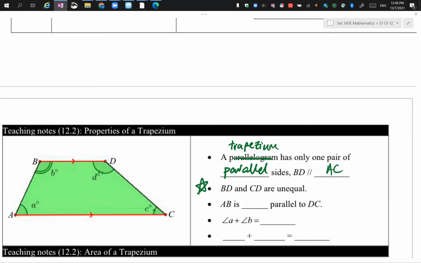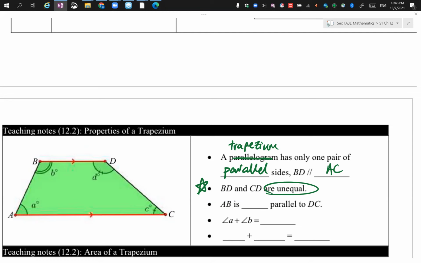Extend until it's the same distance and join. That is why we say a trapezium must have unequal length for the parallel sides. The moment the parallel lengths are equal, we end up with a parallelogram.